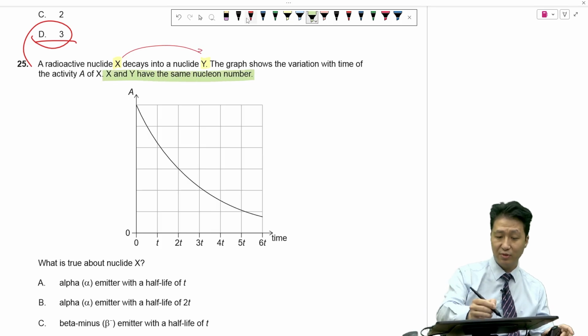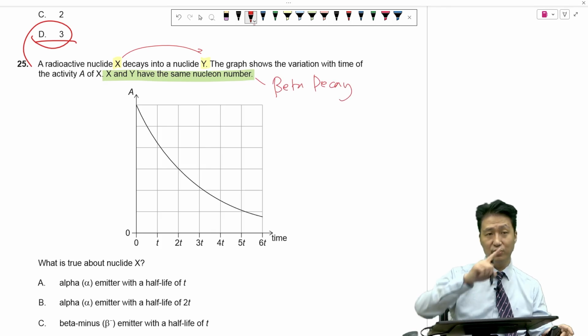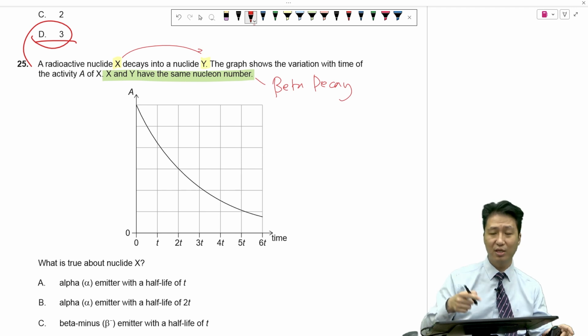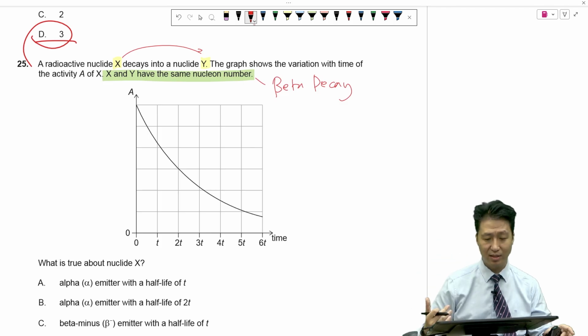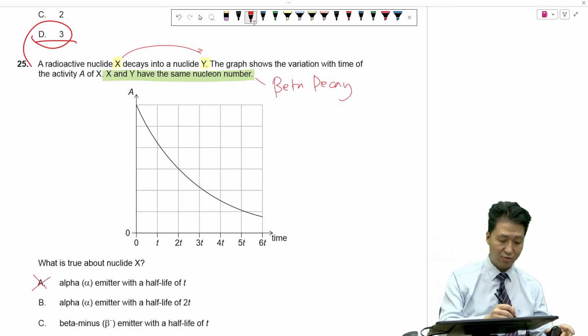The only way this is possible is that this is beta decay. It's either a neutron becoming a proton or a proton becoming a neutron. It doesn't really matter which one it is. If you had alpha decay, what would happen is alpha decay reduces both the number of neutrons and the number of protons, and the total number of nucleons goes down by 4. So it cannot be alpha. That immediately rules out A and B.